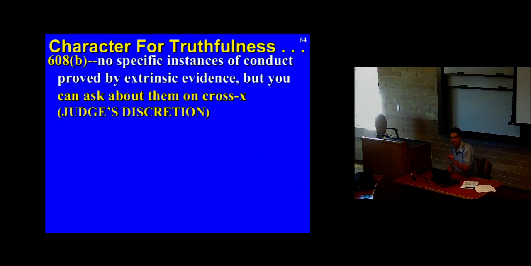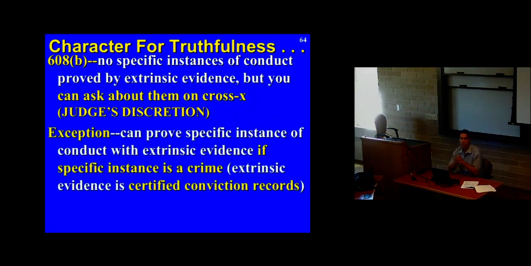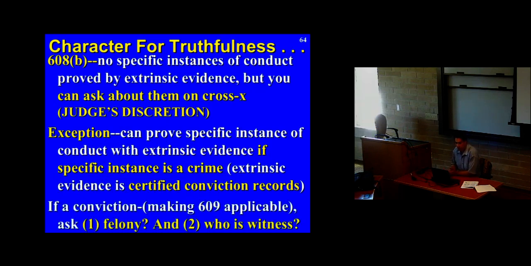Okay, so now that's where you can ask about it, but there's no extrinsic evidence and you're stuck with the answer. The one time you are not stuck with the answer, and you can use extrinsic evidence of a specific instance of conduct, is if the specific instance is of a crime. And the extrinsic evidence would be the certified conviction records. Then you could use that. So if it's a conviction, which makes 609 applicable, then you have to ask some special questions under Rule 609.